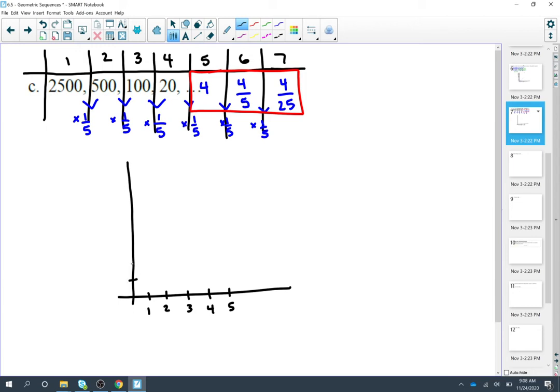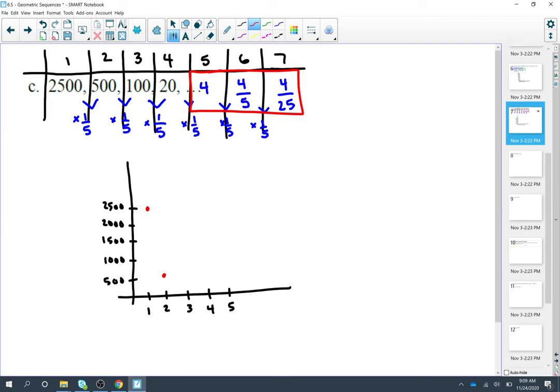So 500, 1,000, 1,500, 2,000, 2,500. So this is 500. This is 1,000. This is 1,500. This is 2,000. And then this is 2,500. Okay, so 2,500, huge.